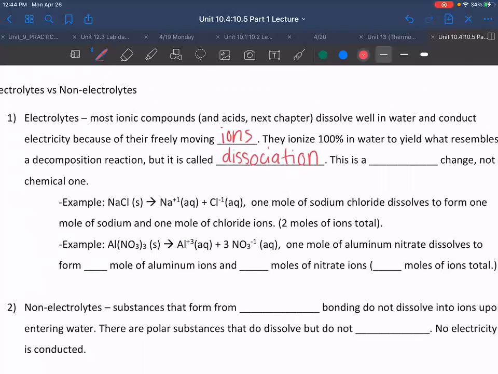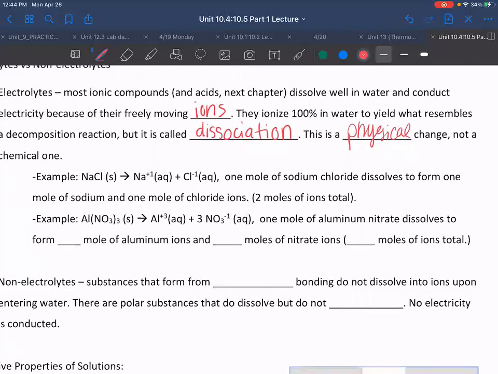And so we call this a physical change, not a chemical one, because the identities of these things aren't changing, it's just changing forms. And so looking at this, we can read our first example is that 1 mole of NaCl, sodium chloride, will dissolve to form 1 mole of sodium ions and 1 mole of chloride ions, so 2 moles of ions total.